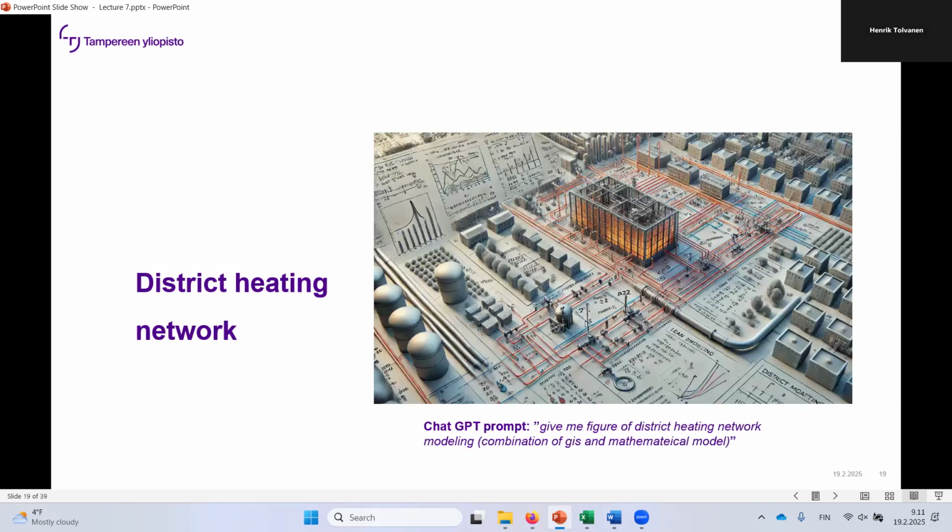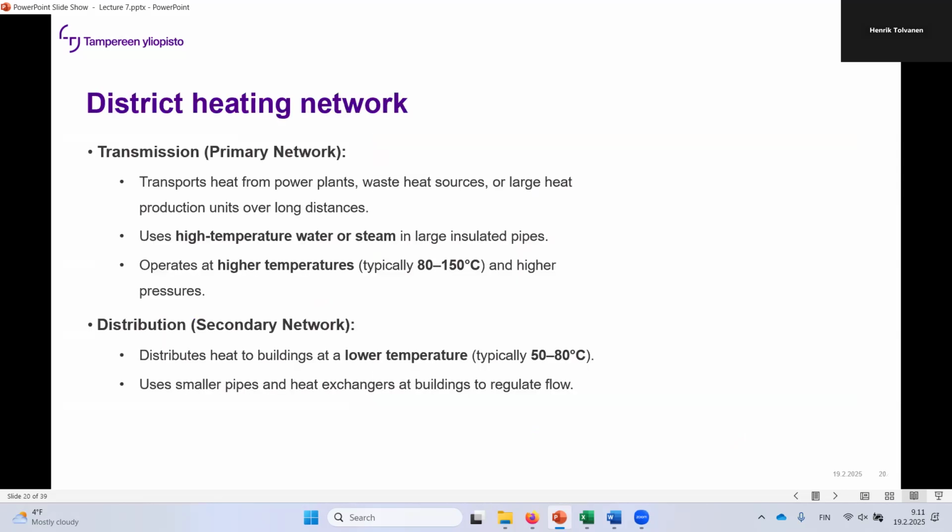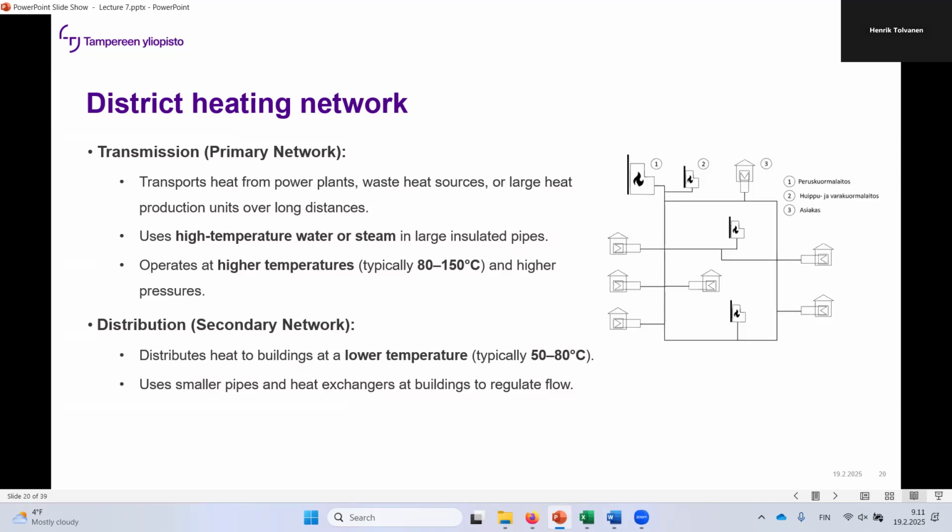There's also ChatGPT's nice illustration of district heating network modeling. So again, we can talk about transmission and distribution. In power lines, I'm guessing it's a bit easier to understand and make this division. And I'm guessing this division in some sense could be made another way in district heating networks as well.